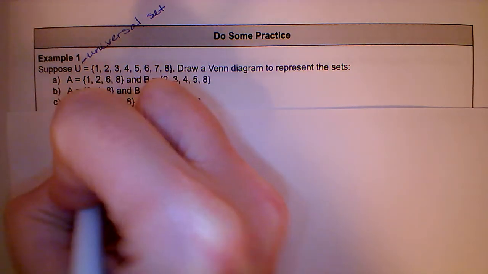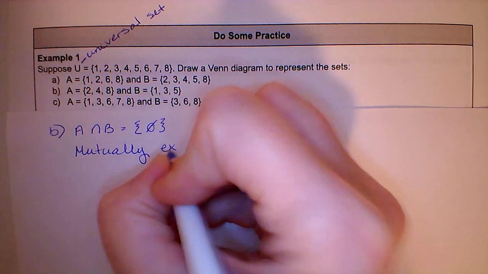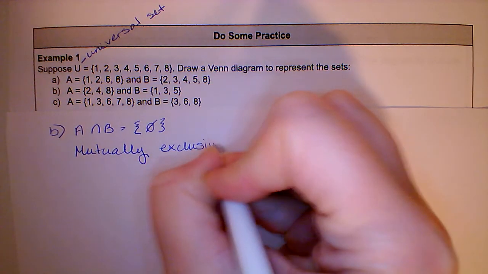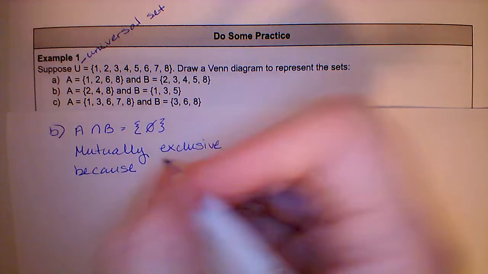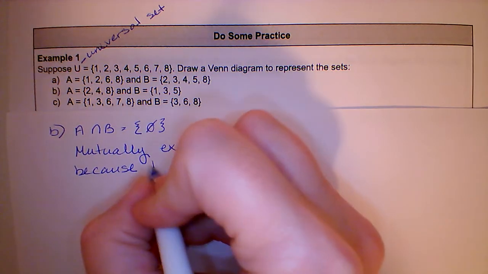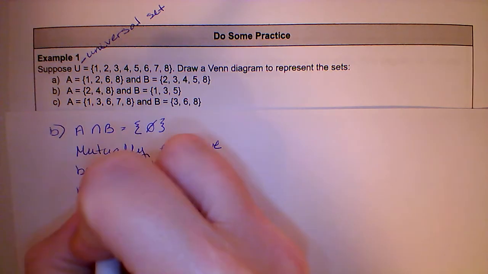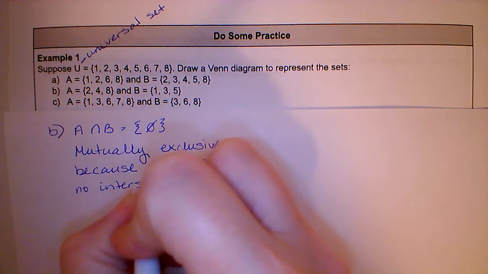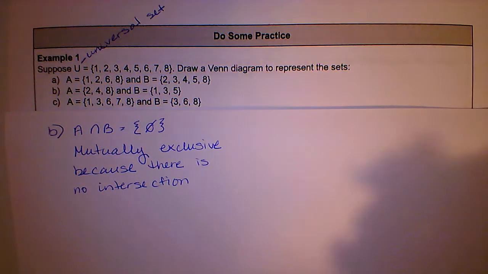These are going to be mutually exclusive because there's no intersection. Or there's no overlap, or the intersection is the empty set.